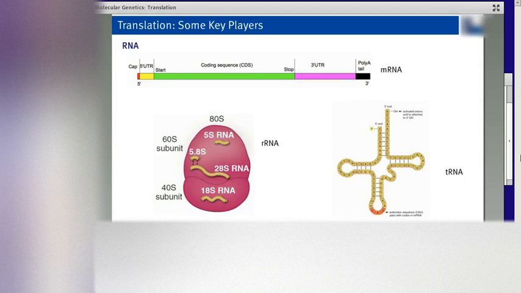What's the T? Yeah, transfer. So what we're doing here is bringing something down. So how long is the transfer RNA? You guys know?